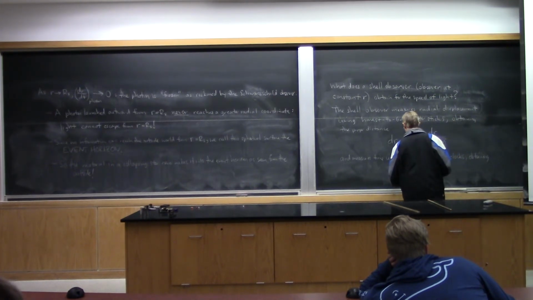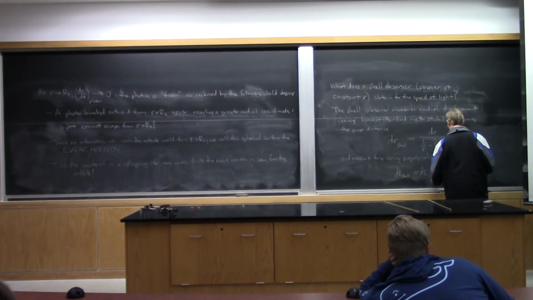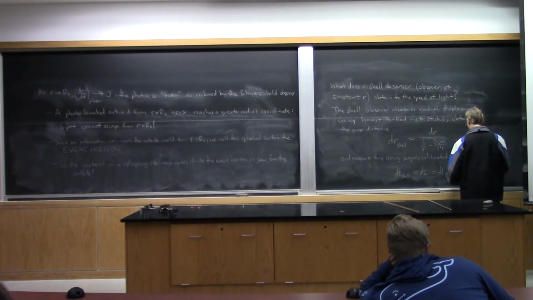Obtaining dt for our shell observer: proper time equals the Schwarzschild time, dt, the far-away time, times the square root of 1 minus 2GM over c squared r, that piece of the metric.